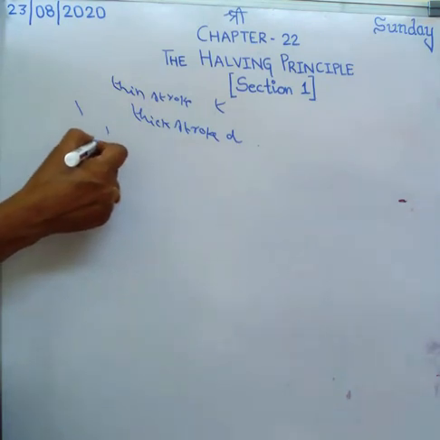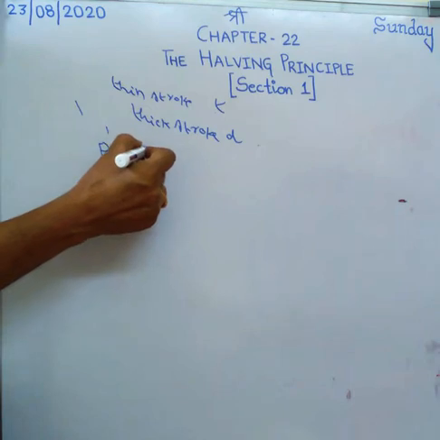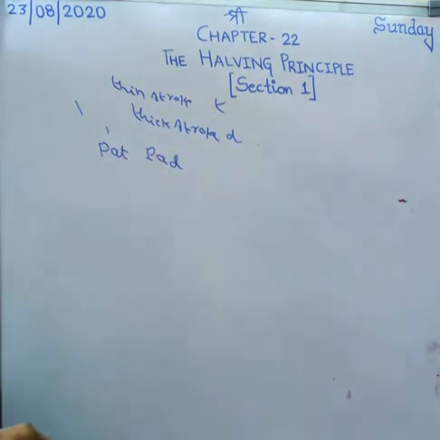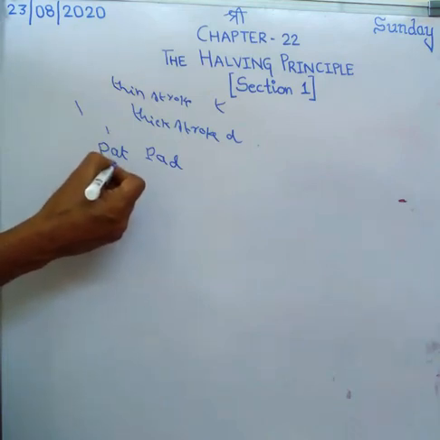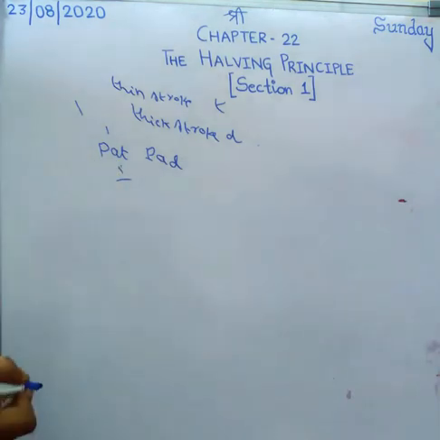See this example. Pat, pad. Pat, P plus R plus T. When P is a thin stroke, if you halve it, you can add the sound of T. It is written above the line.